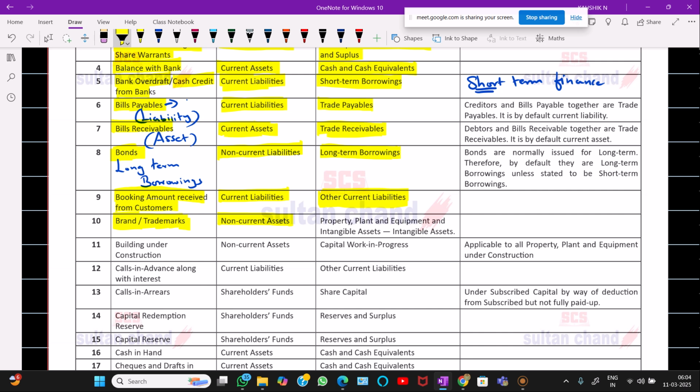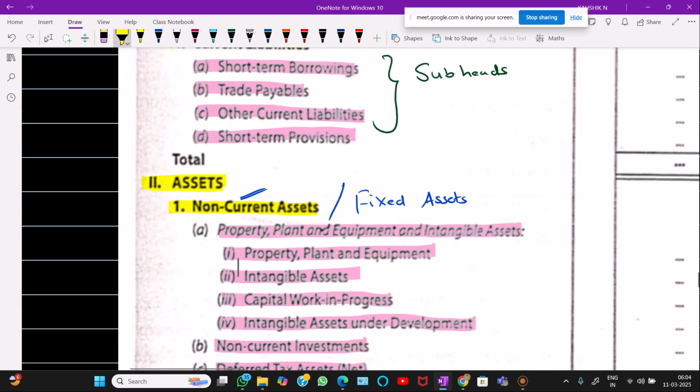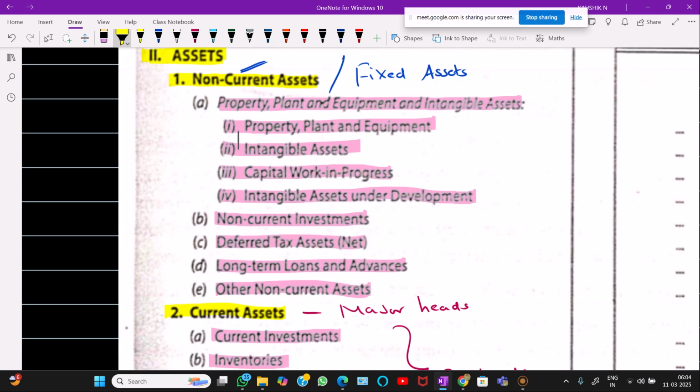Now you should be very careful. Come back to your non-current assets. Under non-current assets, you have got something called property, plant and equipment and intangible assets. Under that, you have property, plant, equipment, intangible asset, capital work in progress, intangible assets under development. Will it fit in these categories?